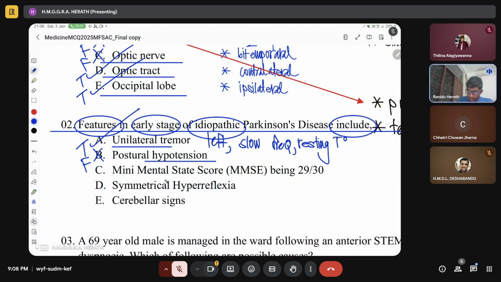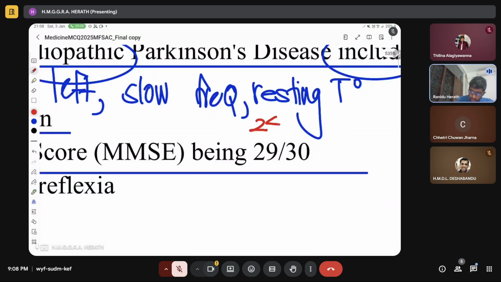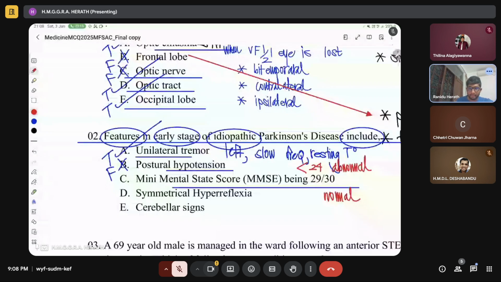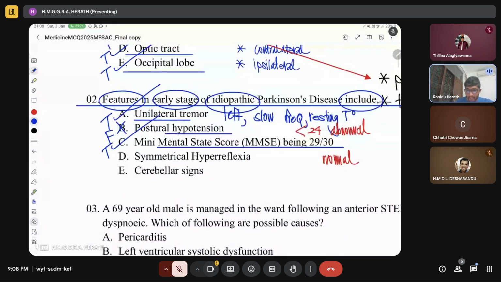MMSE being 29. MMSE of 24 or less is abnormal, right? 29 means normal MMSE. So, is this normal for early stage of Parkinsonism? Yes, because this is not due to dementia, like in atypical Parkinsonism, where you get cognitive decline as an early feature.